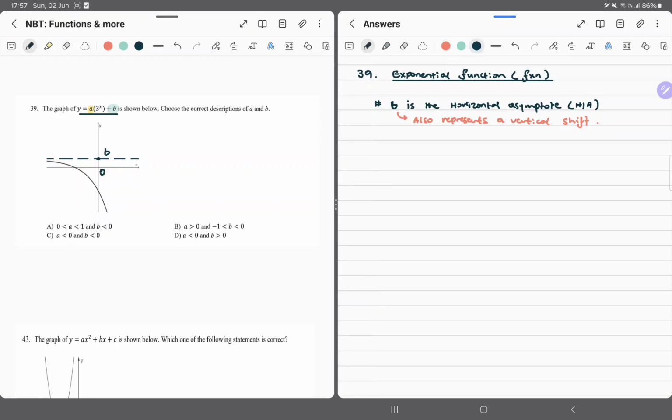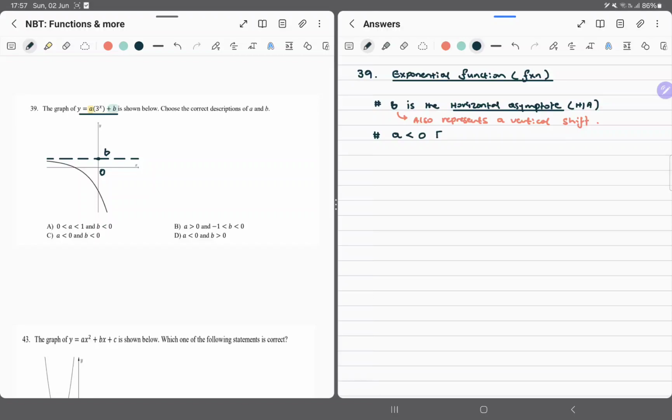So that is key. This is the horizontal asymptote, which is the property of an exponential function, but it also represents a vertical shift. That's something we need to appreciate. Now, let's have a look. We have established that a is less than 0.